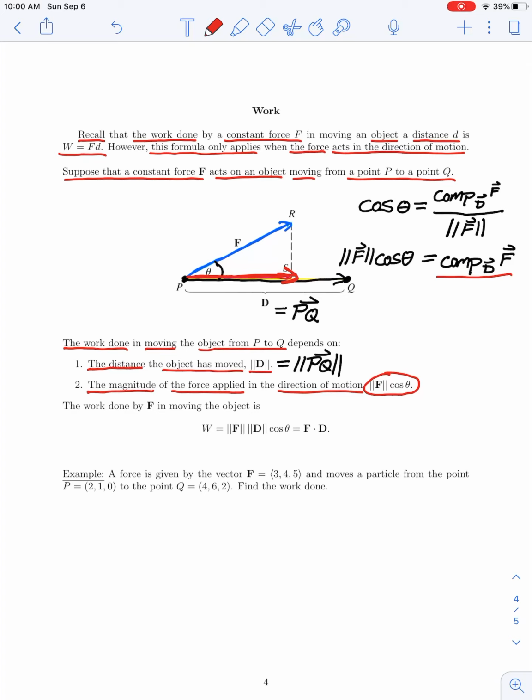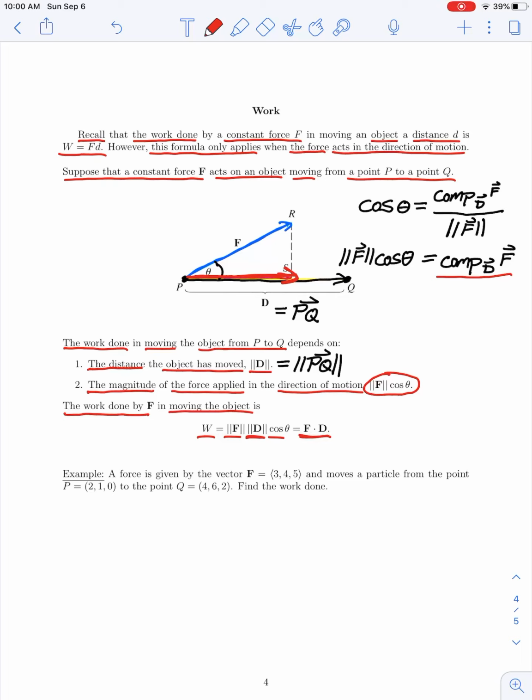So this magnitude of F times cosine of theta is the component of our force acting in the direction of motion. Then the work done by that force F in moving the object along this displacement vector is given by W, where we take the distance that our object has moved, the length of the displacement vector D, times the magnitude of the force acting in the direction of motion, which we just found to be the magnitude of F times cosine of theta.